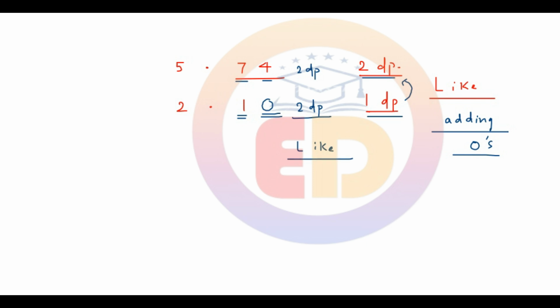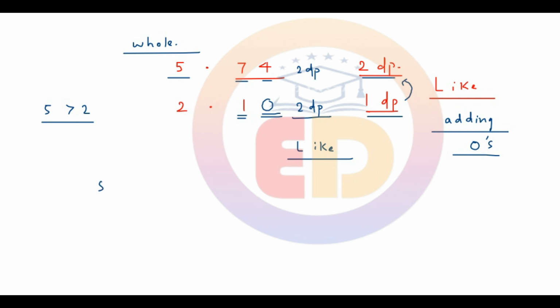Now, since they are like decimals, the first step of comparison will be the whole number part, which is the left side part. The number which has a greater whole number part will be greater. When I observe 5.74 and 2.10, 5 is greater than 2. The whole number 5 is greater than the whole number part 2.